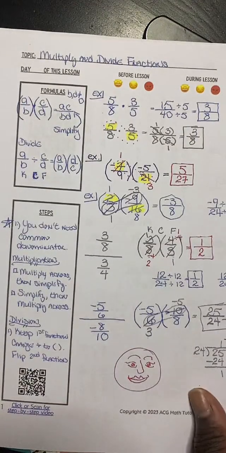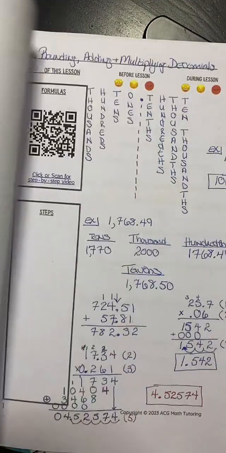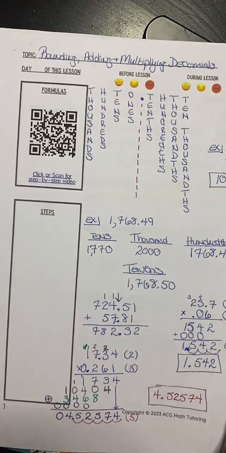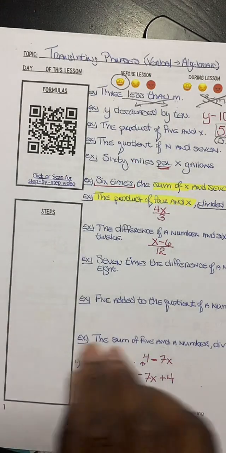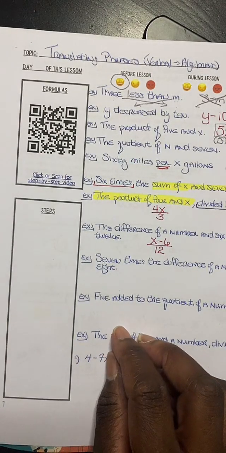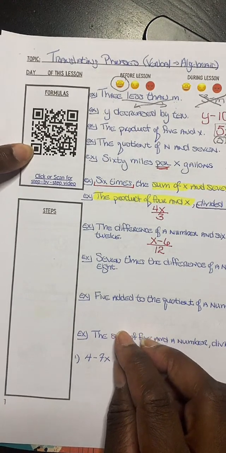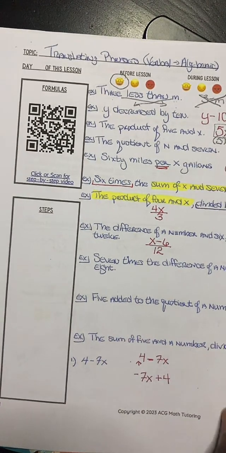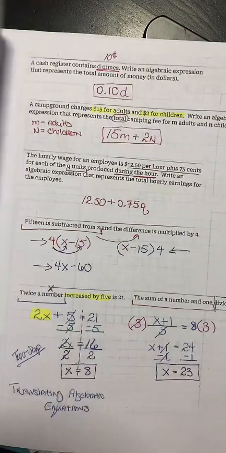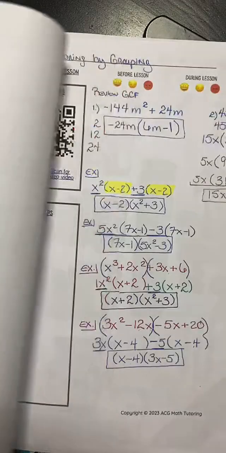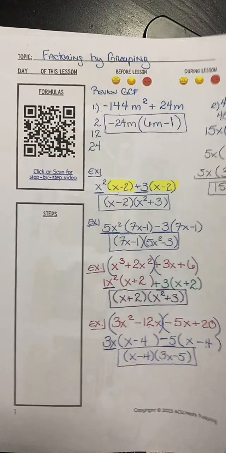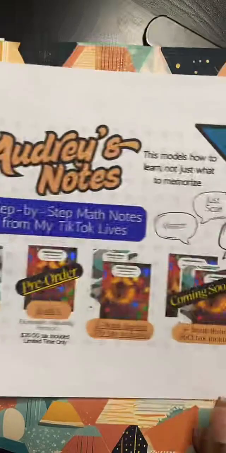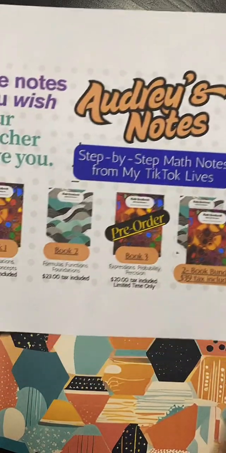The QR code takes you directly to the live that is connected to the information on the sheet. So you don't have to ask, where does this come from? All you have to do is scan the QR code and then boom, you get the live uncut, and you can walk through it step by step on how to do what you need to do. This is great for stay at home, homeschool parents and everything.